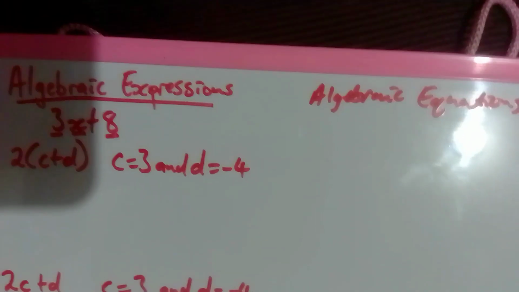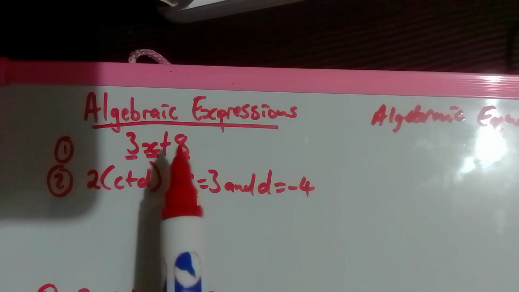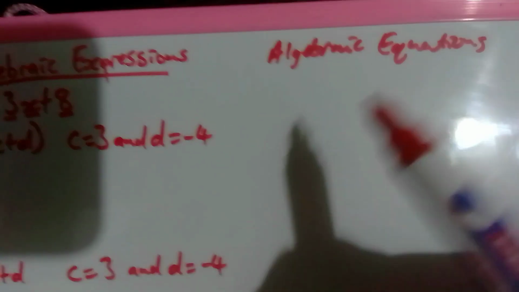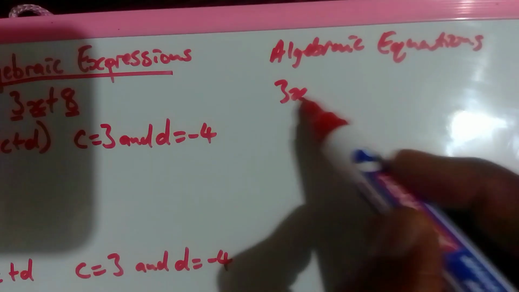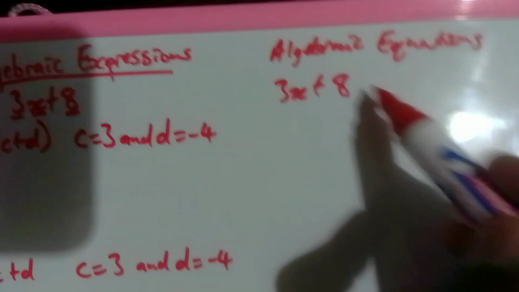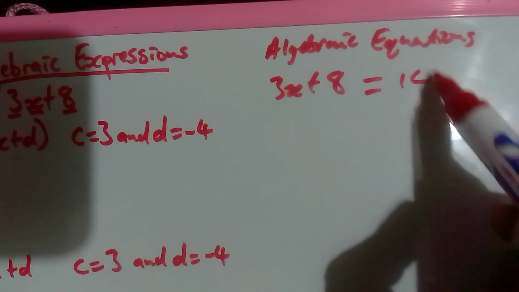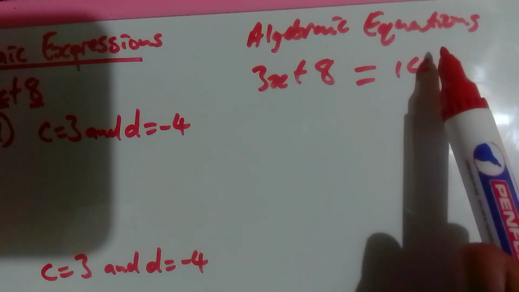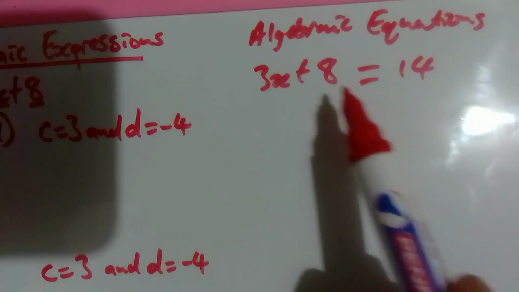So for instance, here I'm having 3x plus 8 and I'm saying it's an expression. What is the difference between this algebraic expression and what we call an algebraic equation? So I'm going to repeat: 3x plus 8 is equal to what? Then we say 14. Here on the algebraic expression, there is no equal sign. On the algebraic equation, we have got an equal sign.